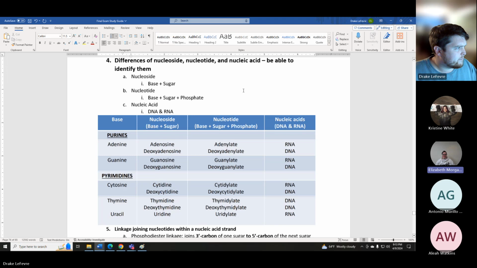Oh, I think it was just those 3. Okay. Nucleoside is the base plus the sugar. Nucleotide is the base and sugar plus the phosphate. So look at the differences here. Nucleoside ends in -ine, adenosine, cytidine, all of these. The nucleotide ends in -ate.